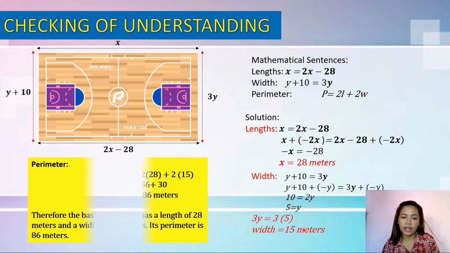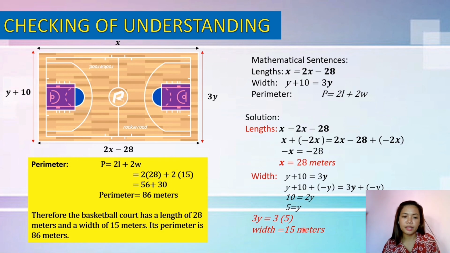Now it is time to compute for the perimeter. We simply substitute the value of our length and our width: the length as 28 and the width as 15. Multiplying, we have 56 and 30. Adding them, the perimeter is equal to 86 meters.